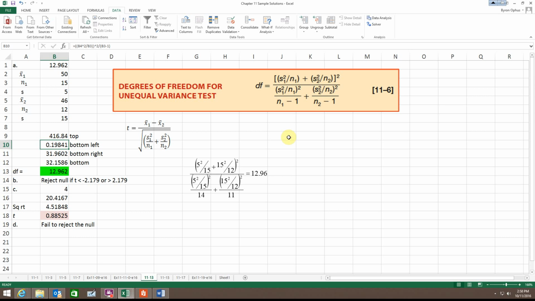So now, remember we were assuming before that we had basically equal variances, and now we don't have equal variances. And so how do we determine our degrees of freedom in order to calculate our test statistic? Well, we're going to use this formula, okay?